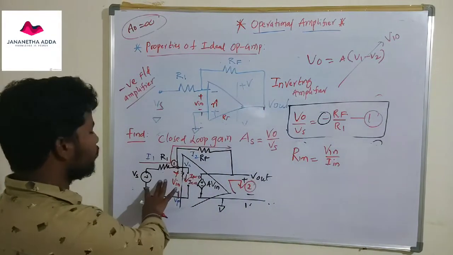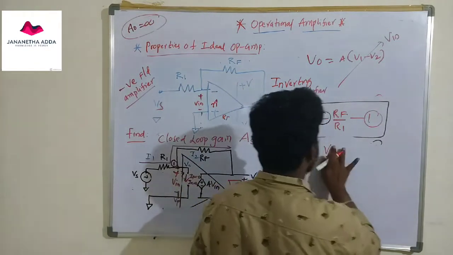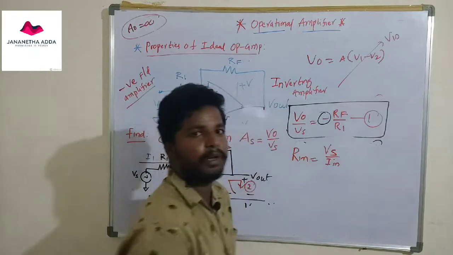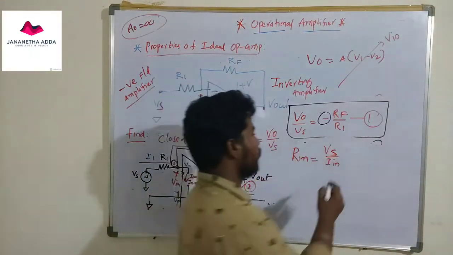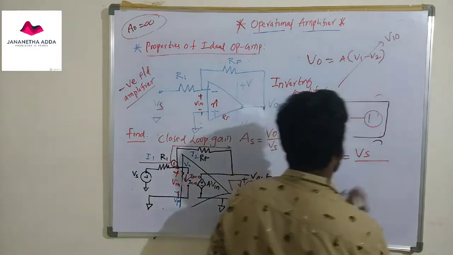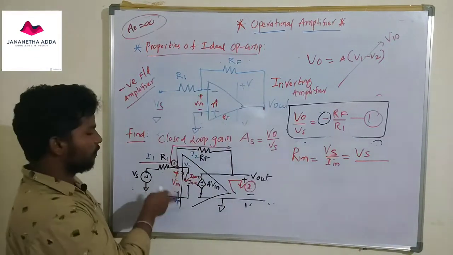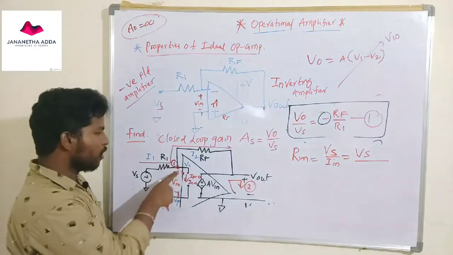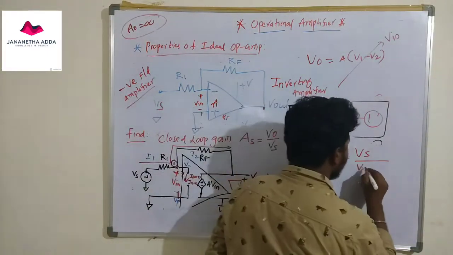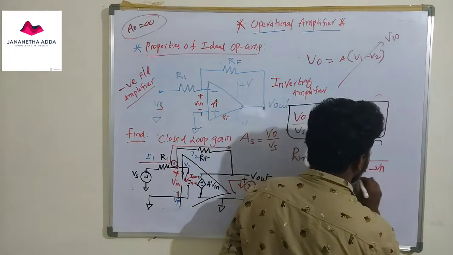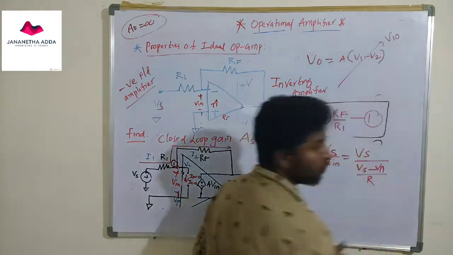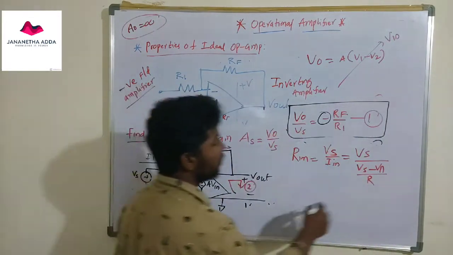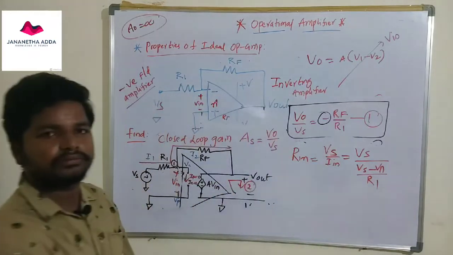So to find the I input, I have to consider Vs, the input signal, by the input current. The input current can be written using KCL: Vs minus Vn by R1.